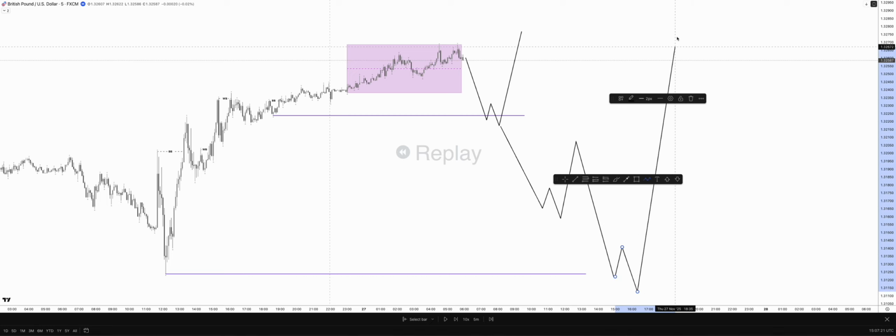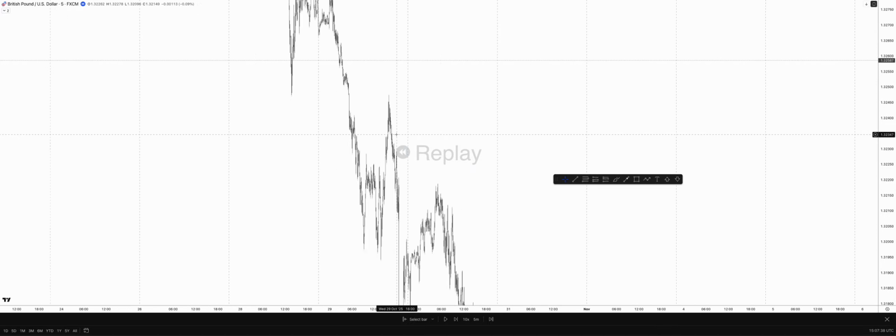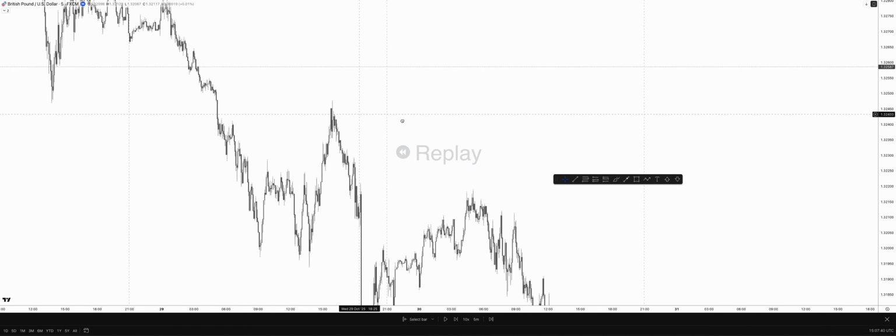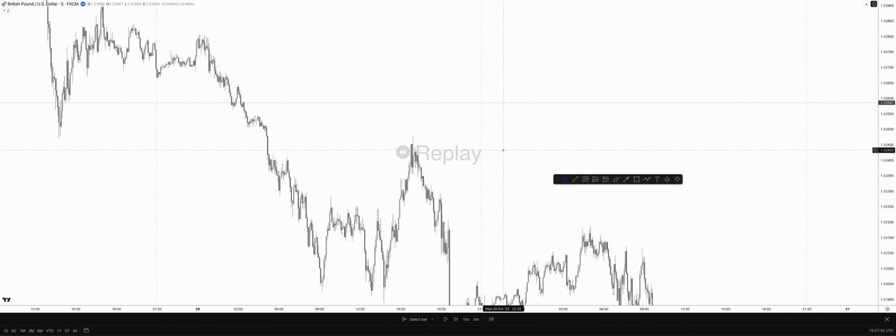Now if we have a look to the upside, there is literally nothing that we could look to take from this previous day, so then we need to start looking across to the left. If we look across to the left now, we need to find zones where we could reverse from.